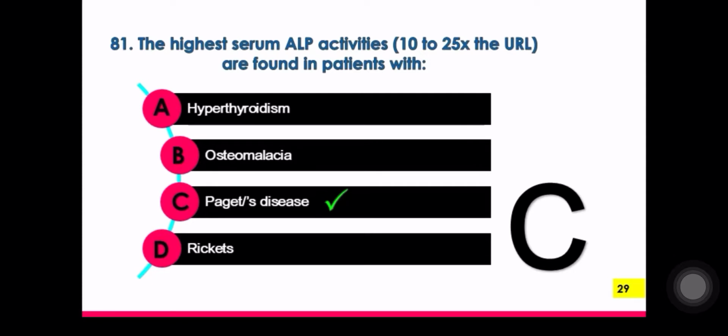Disorders causing cholestasis more frequently cause elevation of ALP than other liver diseases. Increased osteoblastic activity is seen in Paget's disease, in tumors metastatic to bone, and in metabolic bone disease, the most common causes of elevated ALP. For number 81, letter C.